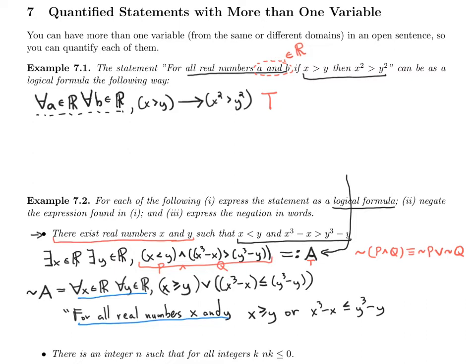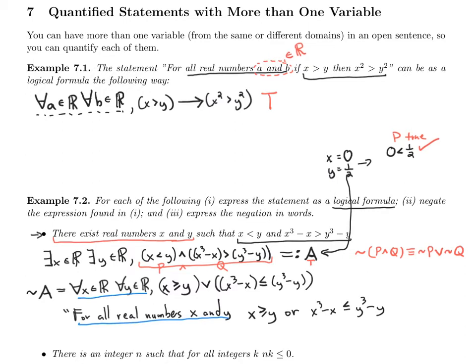So the ones that I've found are x is 0 and y is a half. If you plug these in, you can see right off the bat that 0 is less than a half. So P is true here because x is indeed less than y. We just need to show that Q is true as well.